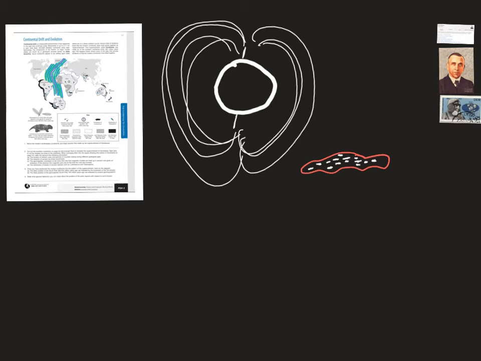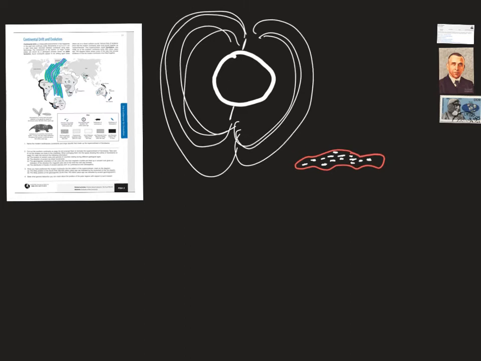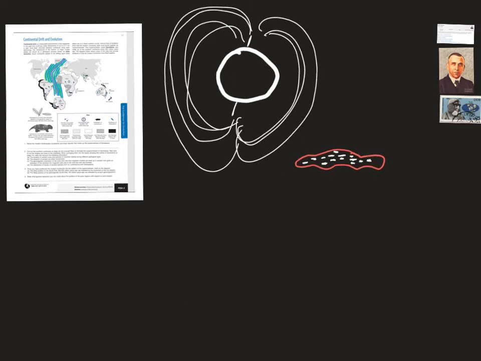So if this rock were made on the Earth while north was north and south was south, so the magnetic field lines flowed in this direction, then this rock would have a north.